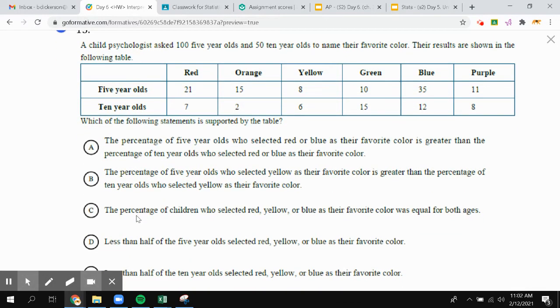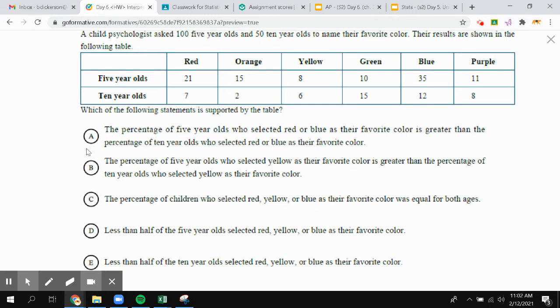All right. Answer choice A says the percentage of 5-year-olds who selected red or blue as their favorite color is greater than the percentage of 10-year-olds who selected red or blue. We're looking at two different groups here, so we actually have to compare their percentages, not the total numbers. And they tell us that in the problem, right?